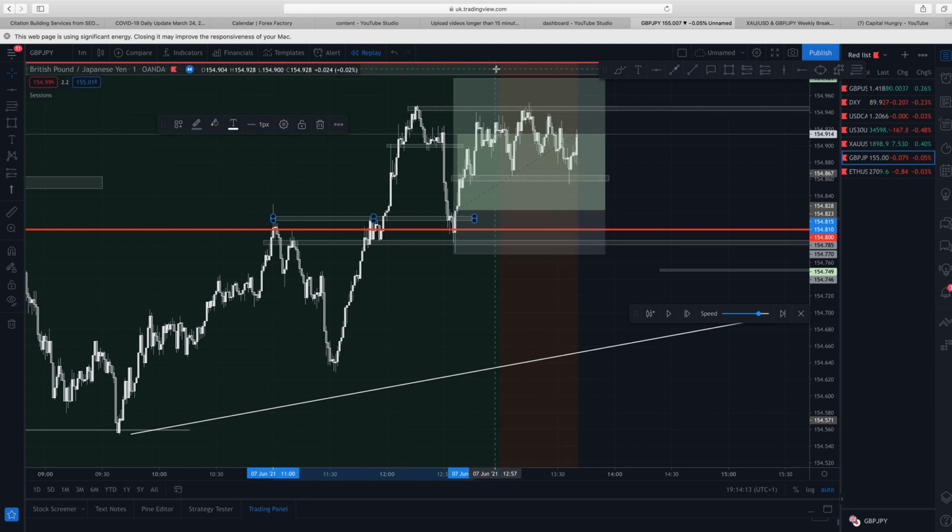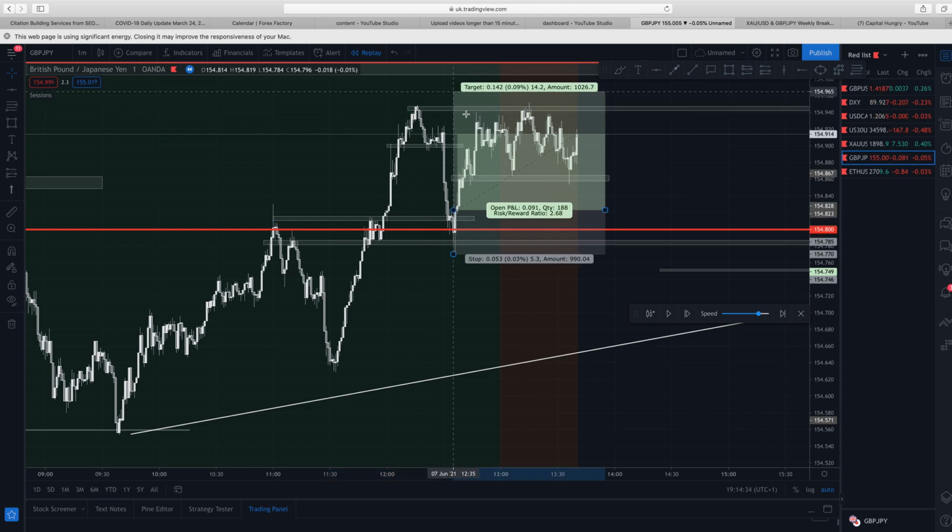Set an alert close to your key level, and then if you get any closures near it or reactions near it, just close the full trade. Or if you weren't happy with it and you were happy with the consolidation, you started getting secondary closures below this high, you could just be happy taking a 2-to-1 trade. You could have just took that.